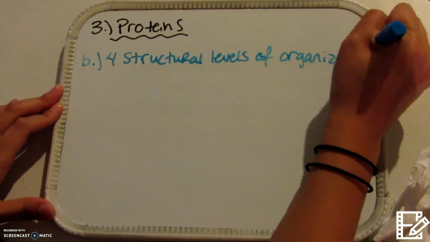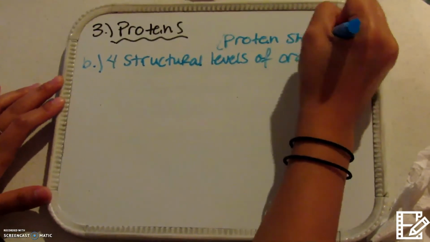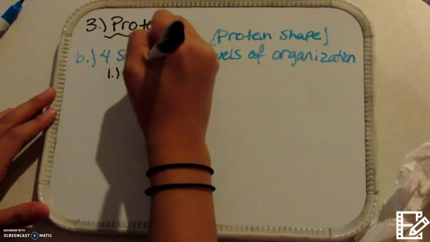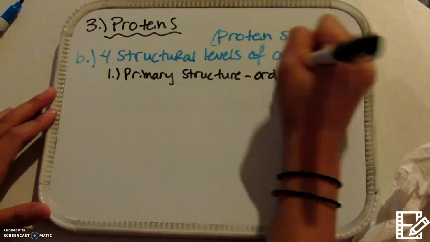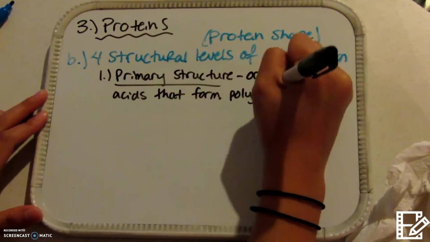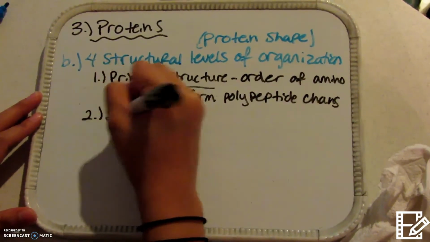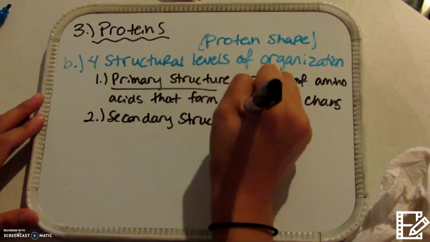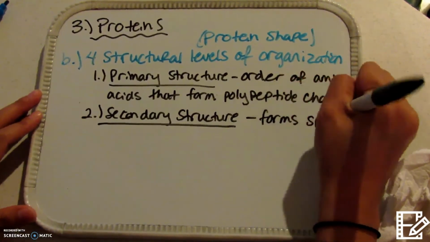Next are the four structural levels of organization. This is the protein shape. There are four parts to this, which are the primary structure, secondary structure, tertiary structure, and quaternary structure.